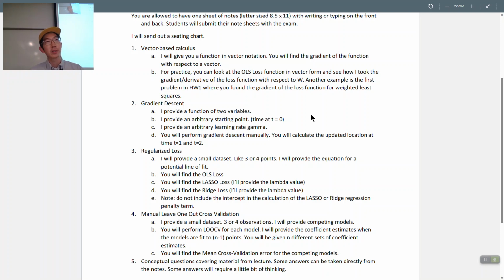You take the gradient of something with respect to a vector, and when you do that, you want to make sure the dimensions line up correctly each time. So I strongly recommend that you write the dimensions of each matrix underneath, so that you can make sure the dimensions are correct.